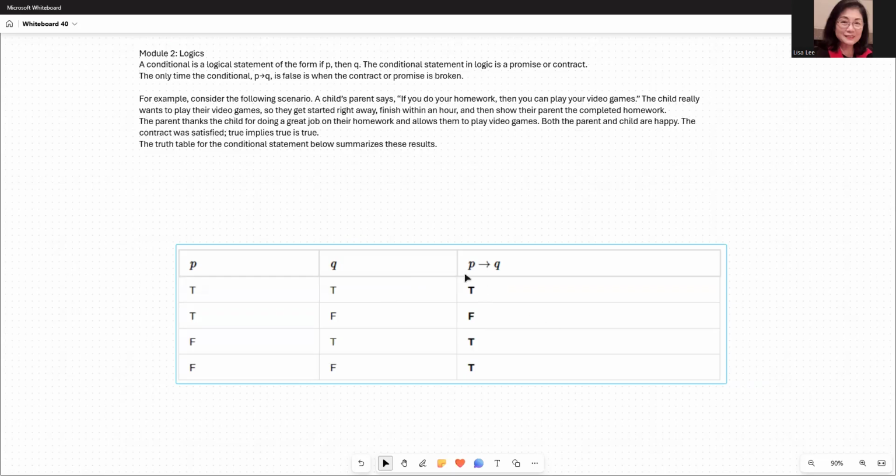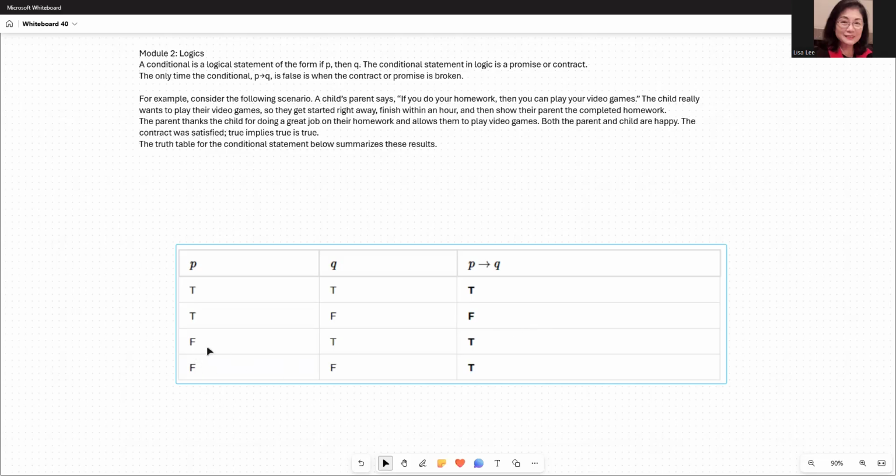Then you look at the table. The third column is if P, then Q, right? P implies Q. So you can see the truth values. If P is true and Q is true, then P implies Q is, of course, true. If P is true and Q is false, then P implies Q will be false.